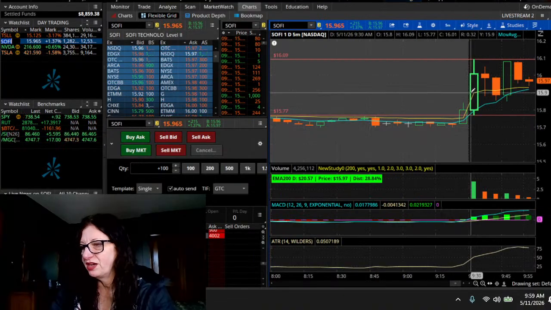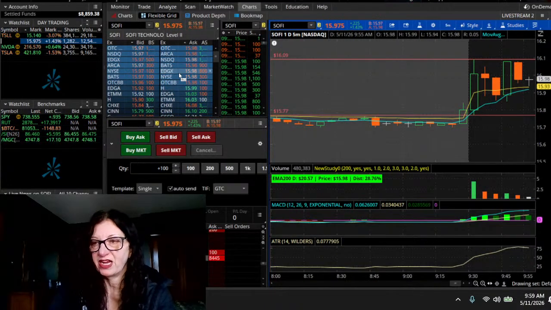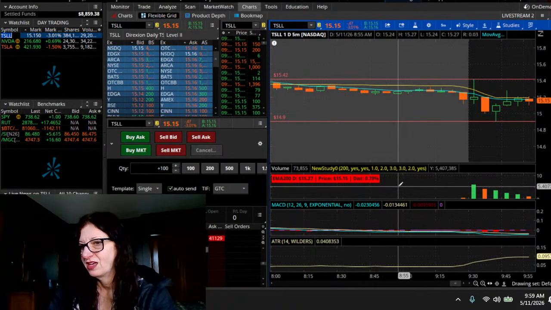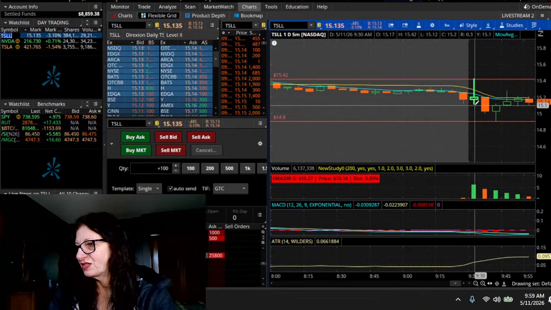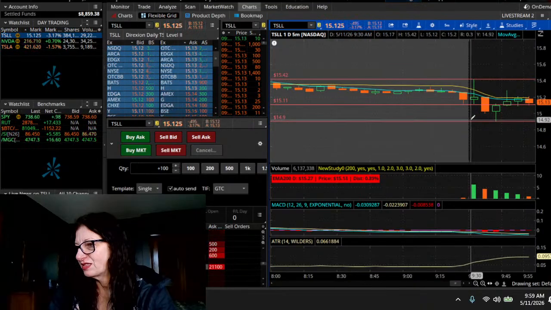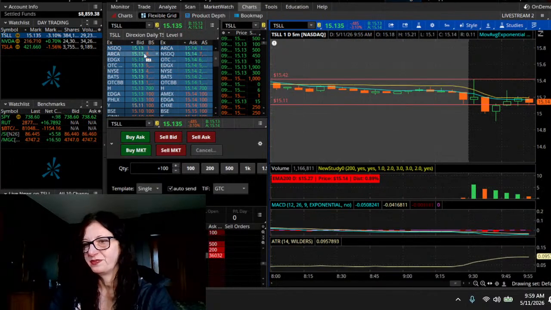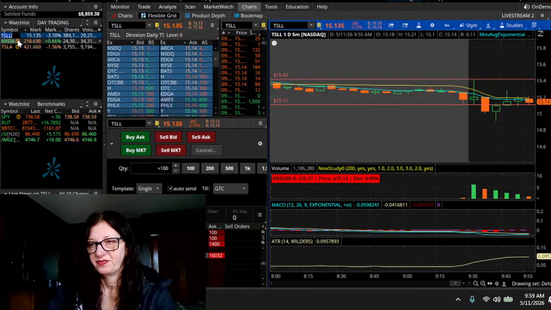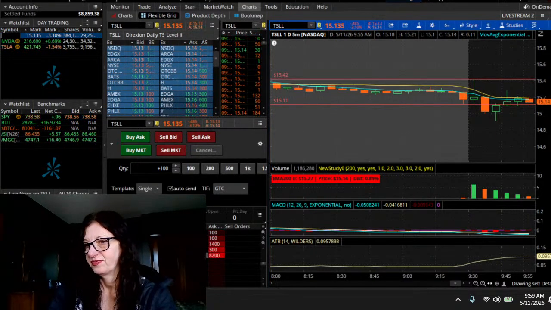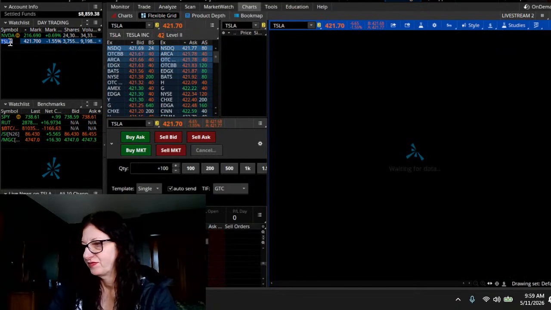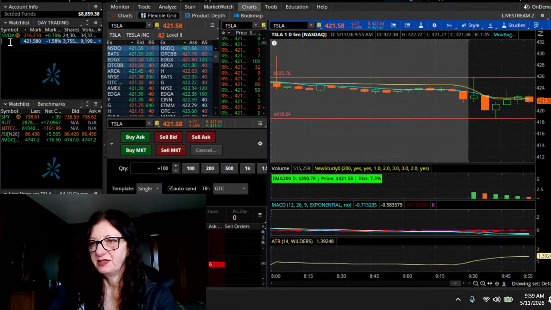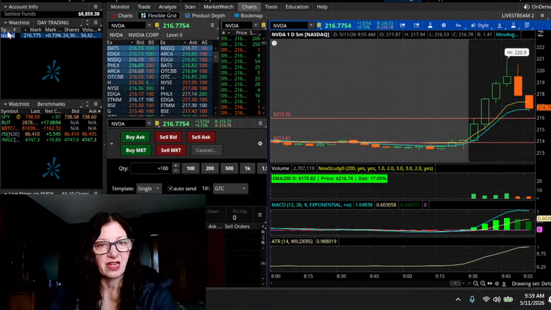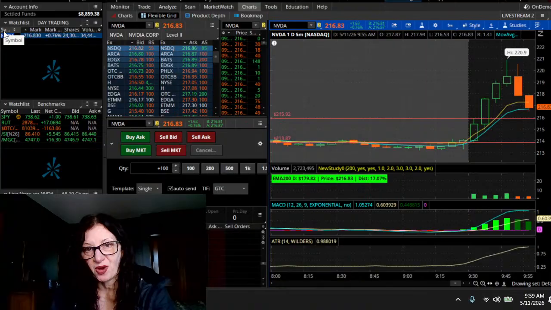So this one, of course, never broke outside that range, so that wouldn't be a trade. TSLL, this is where the 5-minute opening range was, so that would be a no, at least for that setup. Same thing with Tesla. NVIDIA would have been the only one I think that I would have taken this setup on.